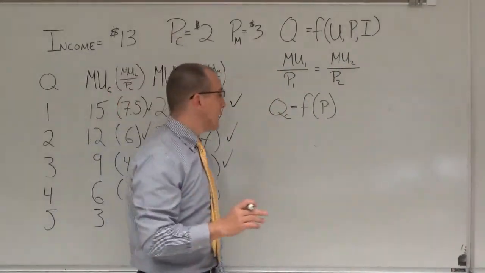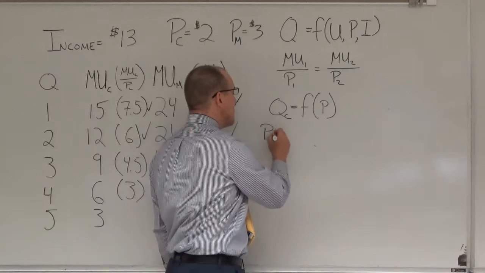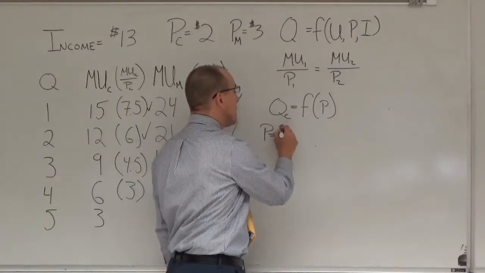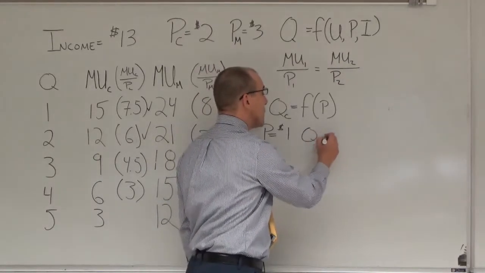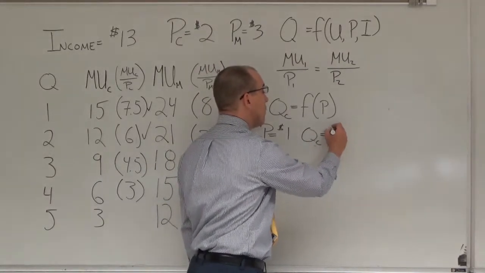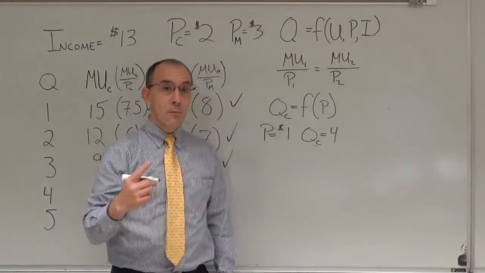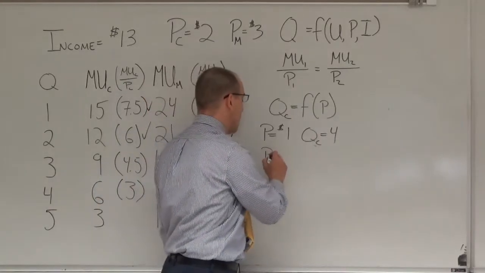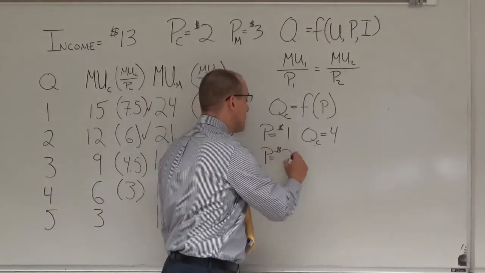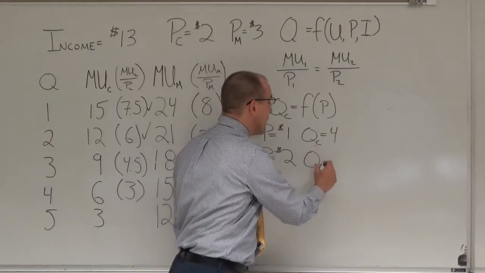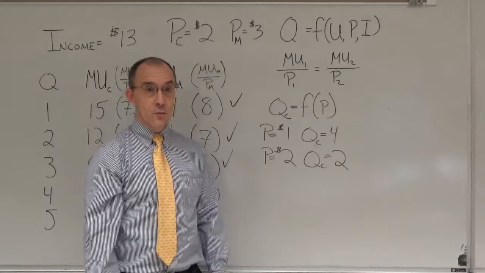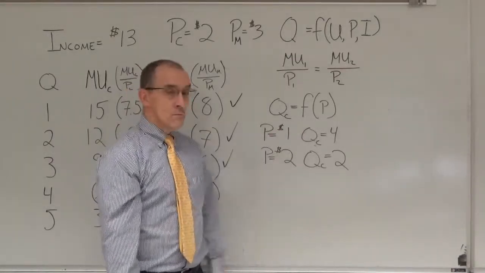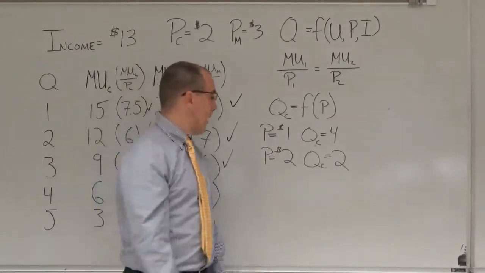And if we look at our data here, when the price of a cookie was $1, the quantity of cookies he consumed was 4. When the price of a cookie went to $2, the quantity that he consumed dropped to 2, right? We could actually graph this out.